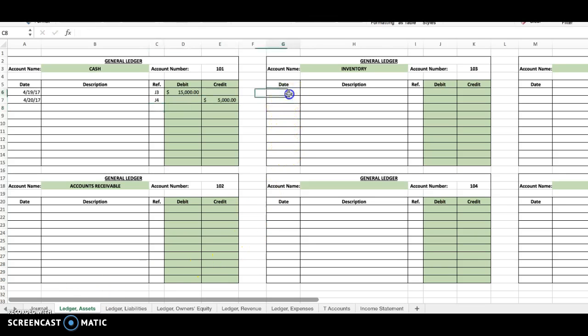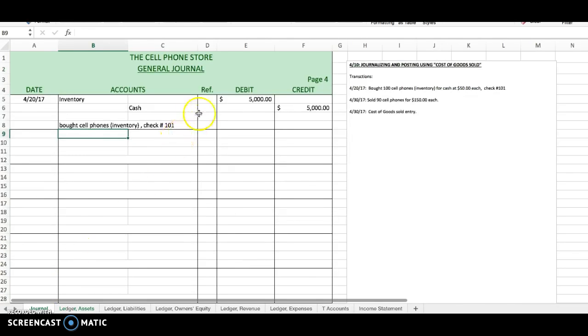We debited on that same entry on 4/20 inventory of $5,000, and that was journal page 4. And let's put our reference numbers in. Inventory is 103, cash is 101, back in the journal, inventory, in the reference column 103, account 103 and 101.